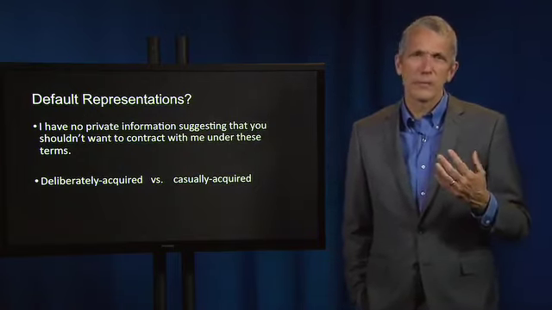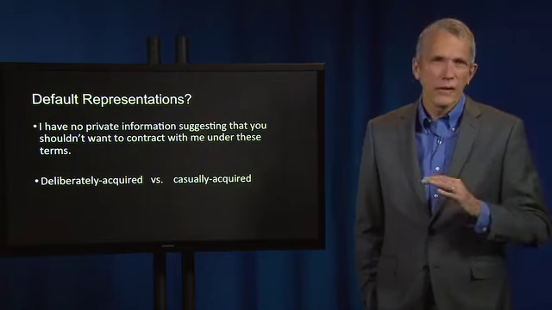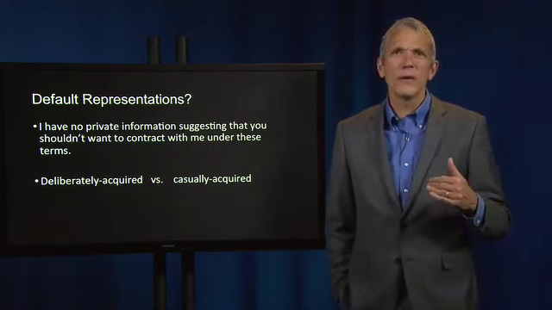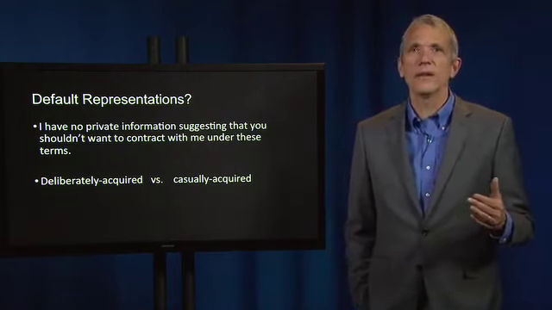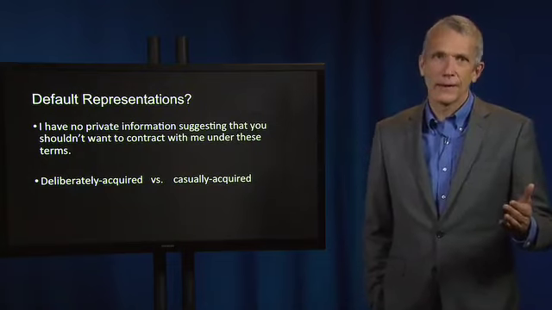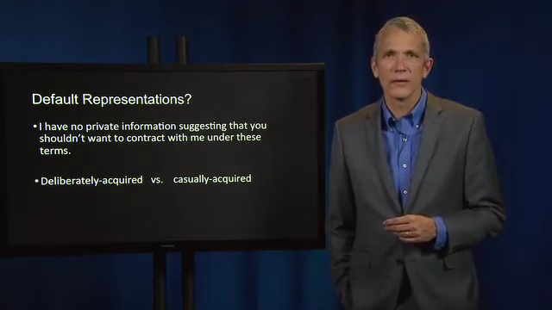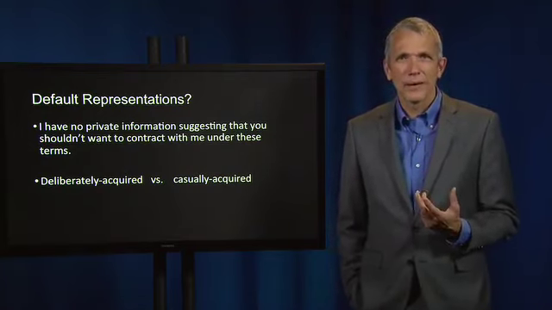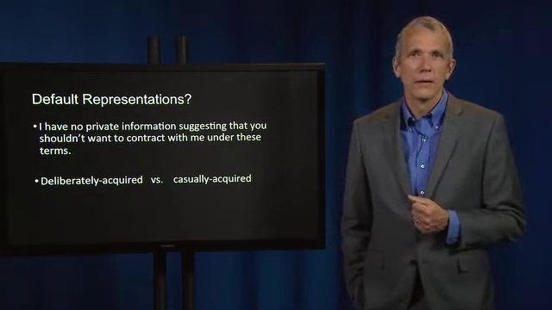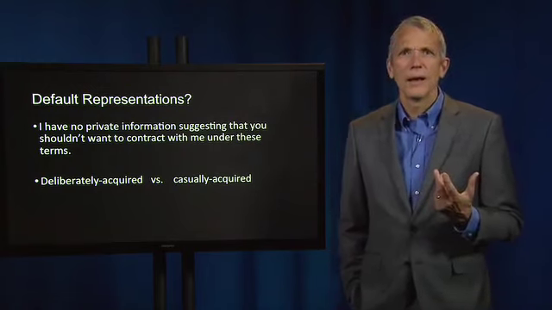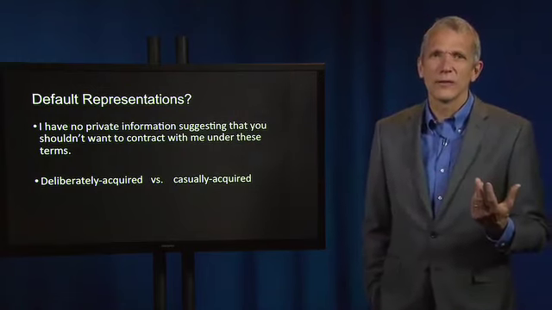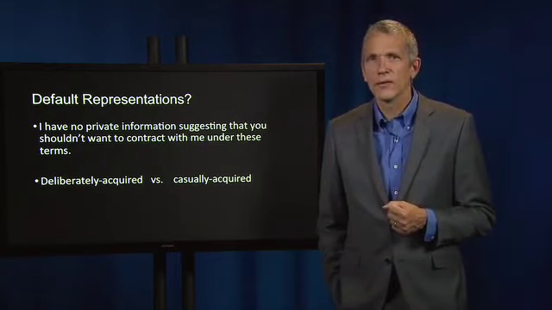This default implicit representation would merely be a default, and it could be avoided by a contractor revealing that they had undisclosed information or disclosing the private information itself. Wouldn't that make our contracting world better? Why make worried sellers ask questions or make their own representations?